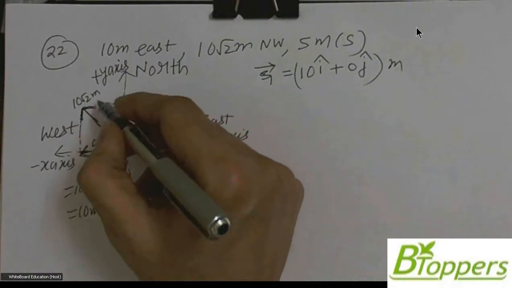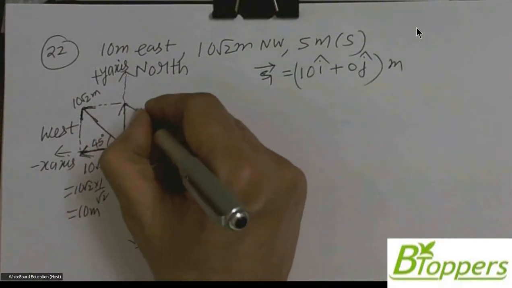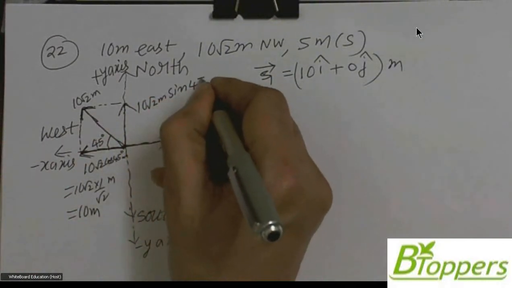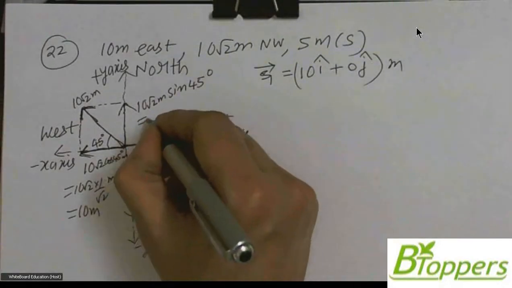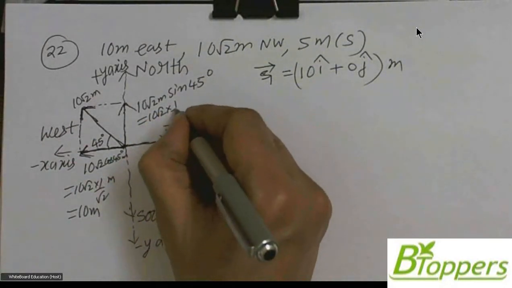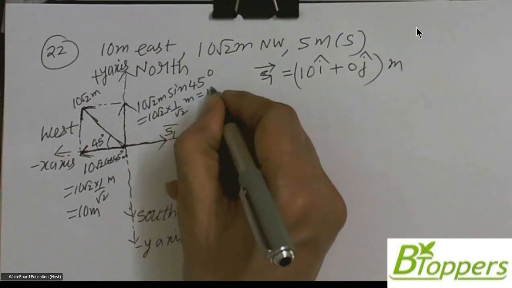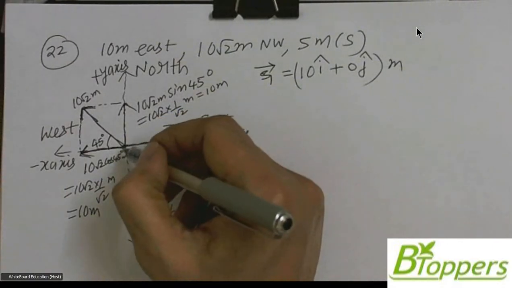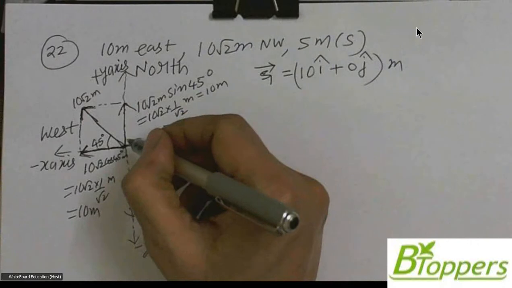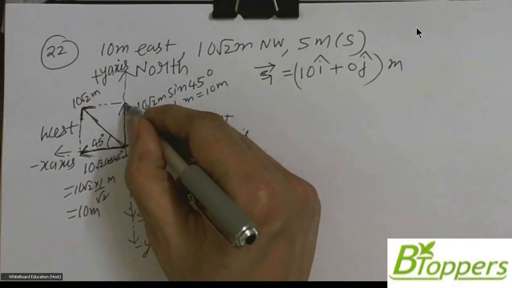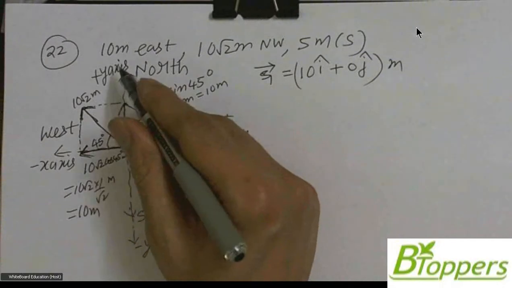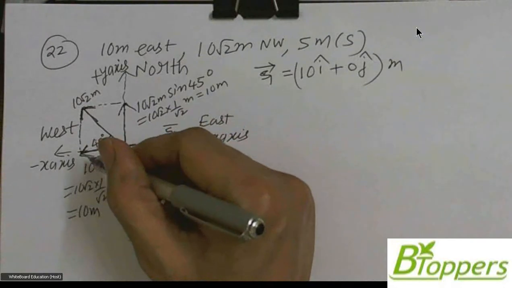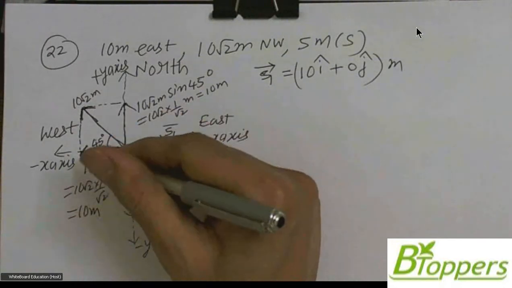The other rectangular component of the second vector, which is directed towards north, can be written as 10 root 2 meter sine 45 degrees, that is 10 root 2 into 1 by root 2 meter, or 10 meter. That means the second vector has a component of magnitude 10 meters towards north, along y-axis, and a component of magnitude 10 meters towards west, that is the negative x direction.